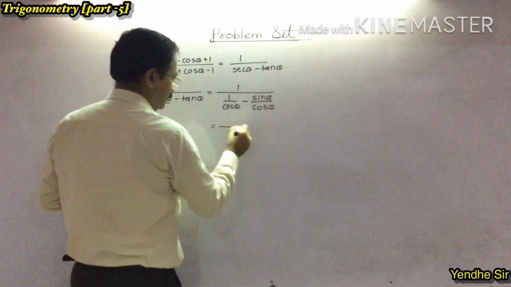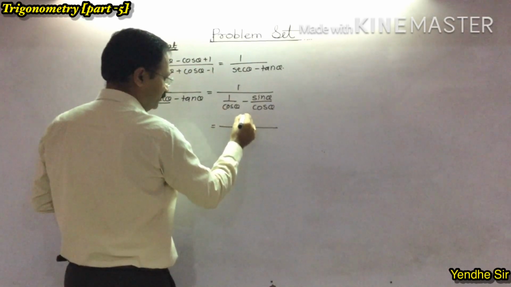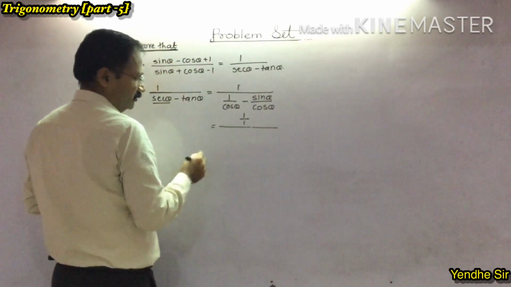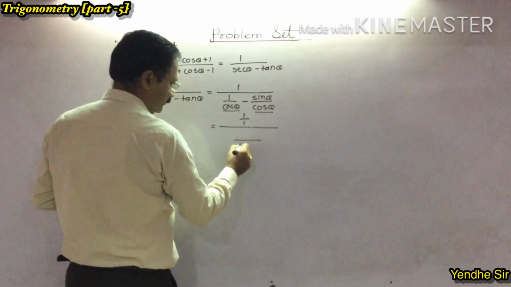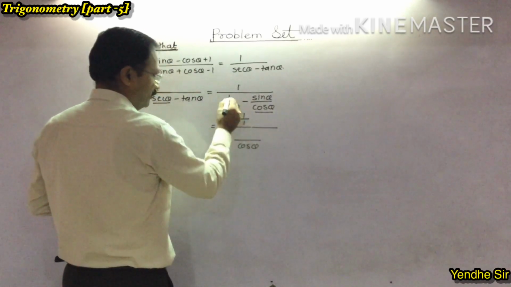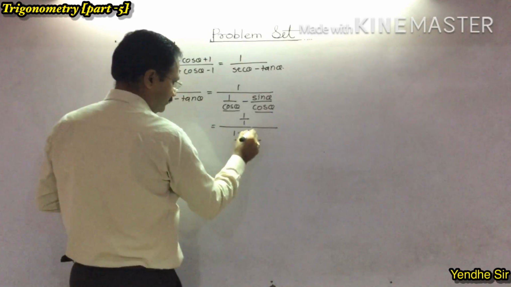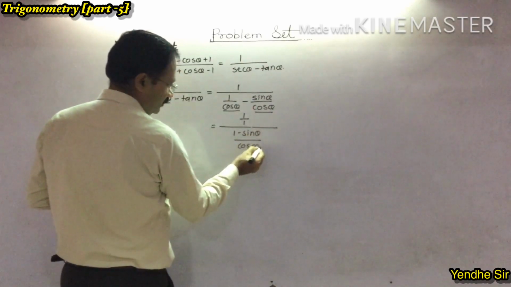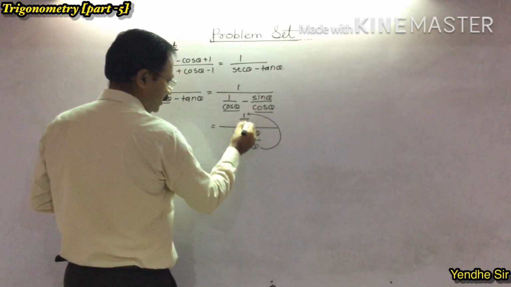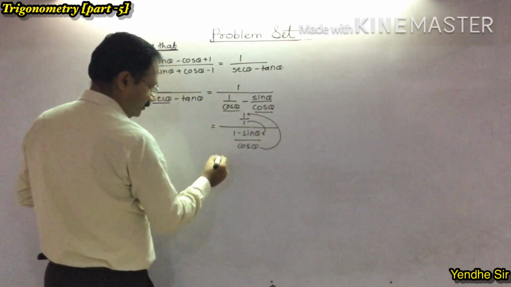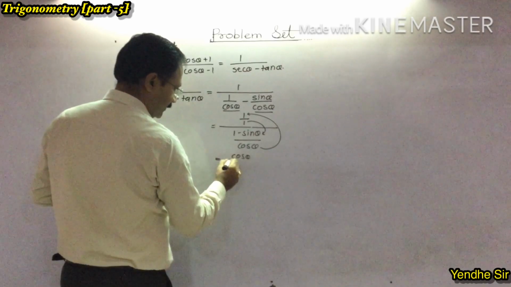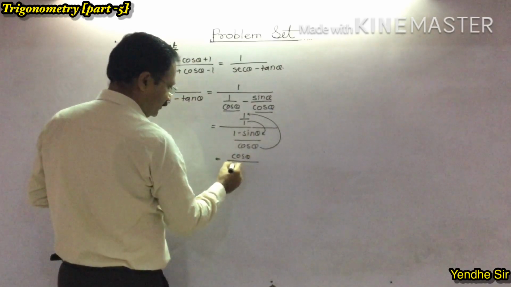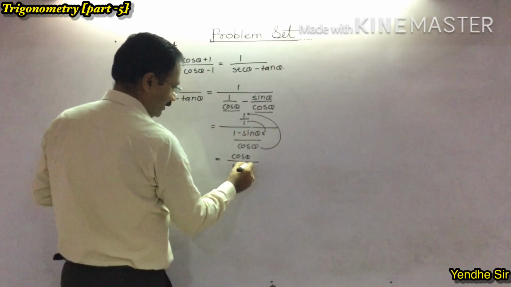So here 1 will be as it is. So I am going to write 1 upon 1. The denominator is the same, so it will be as it is, and 1 minus sin theta. Now what will happen? The lower part goes to the upper and the middle comes to the middle. Okay. So cos theta into 1 will be cos theta, upon 1 into minus sin theta, it will be as it is.